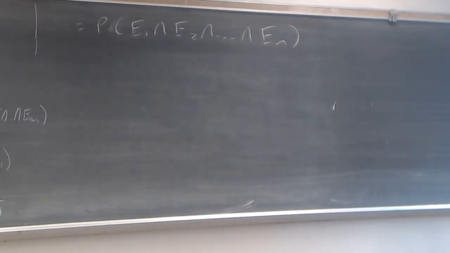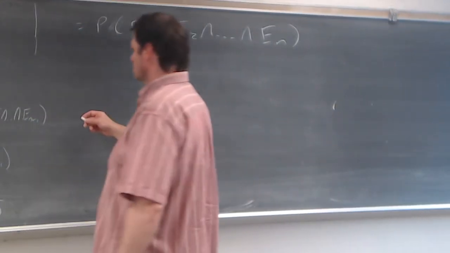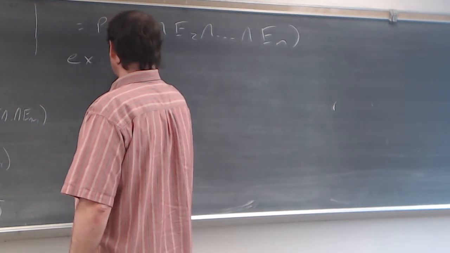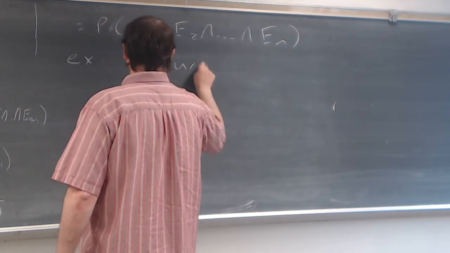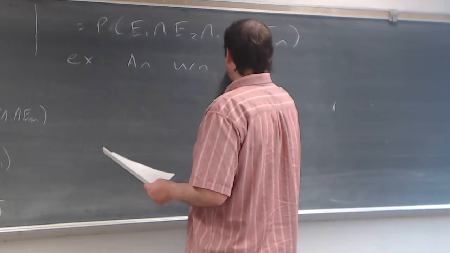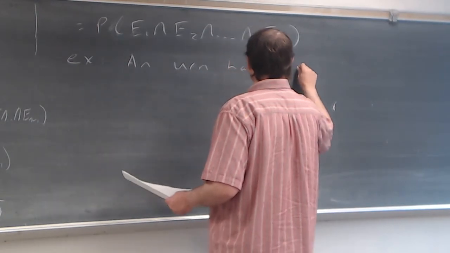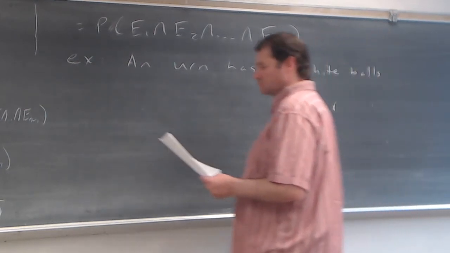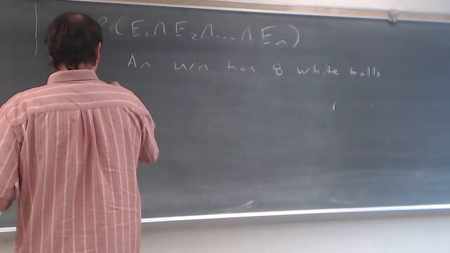And I'd like to do an example of that, where we'll use a very simple example. So let's say an urn has 8 white balls and 3 red balls.